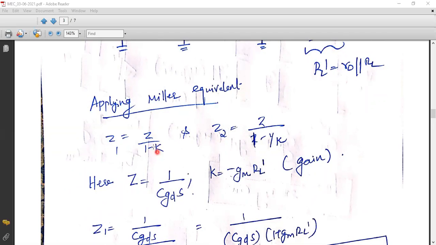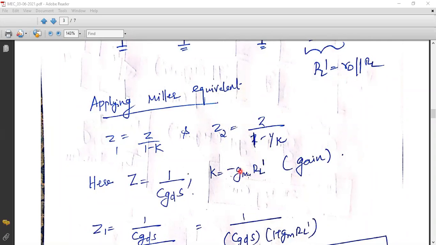And also we need to define one more parameter, that is gain. Gain is nothing but the amplification factor, that is K, of our conventional CS amplifier. Already we have derived this previously, that K is minus gm into RL dash, where RL dash is R0 parallel RL. If we are not using RL, then the gain will be minus gm into R0. If you are connecting RL, then the overall load resistance will be R0 parallel RL.